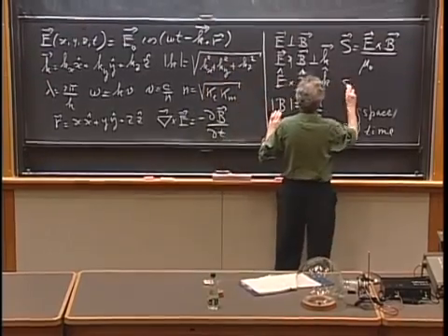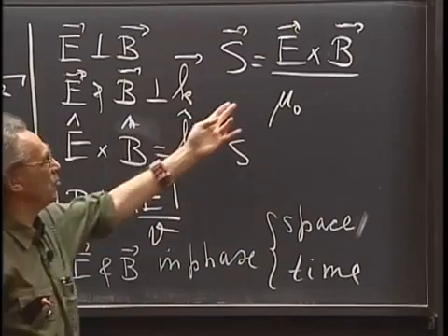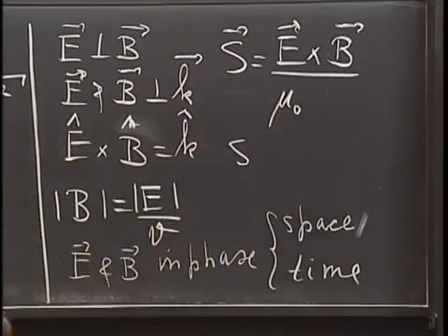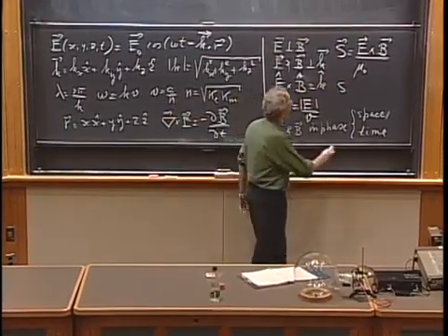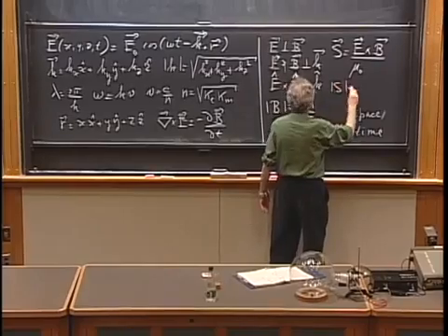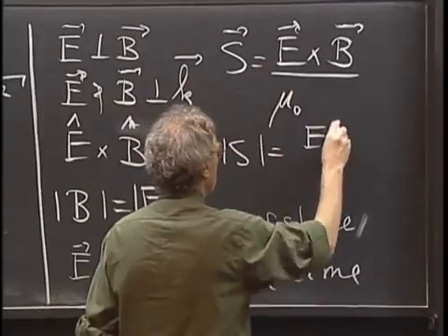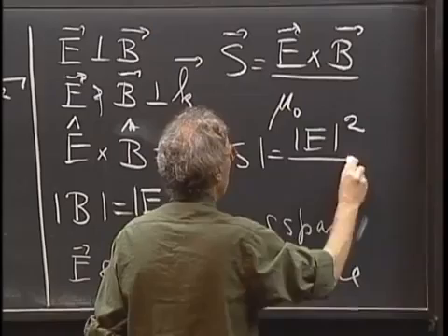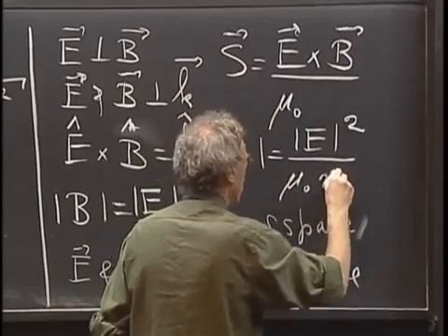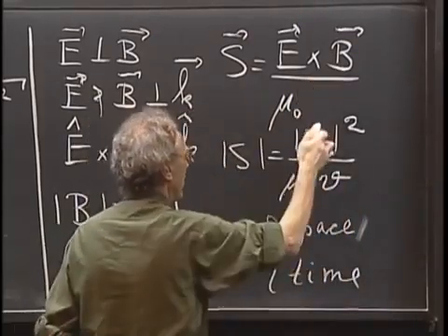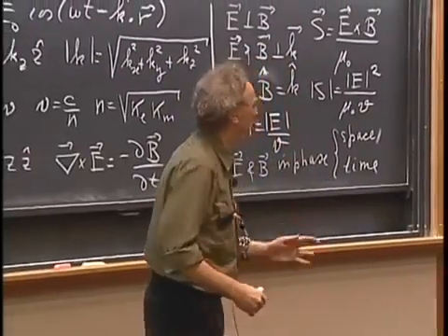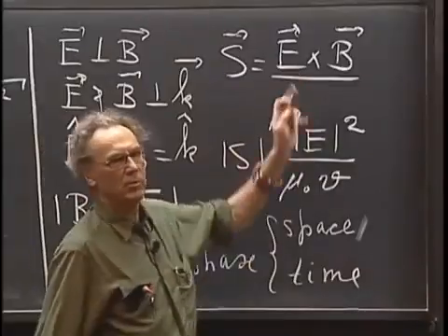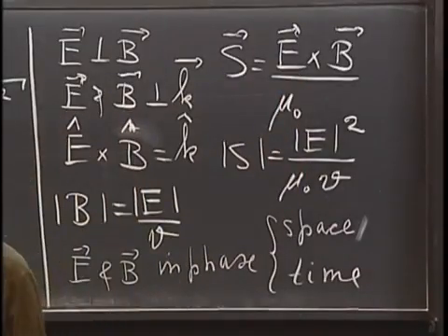This Poynting vector, of course, is time variable because E itself varies with frequency omega, B varies with frequency omega. So the Poynting vector is, of course, time dependent. And so the magnitude of the Poynting vector you can also write down then as E squared divided by mu 0 times v, because the B can then be replaced by E divided by v. Since they're at 90 degrees relative to each other, I can ignore the cross because the sine of the angle is then 1.